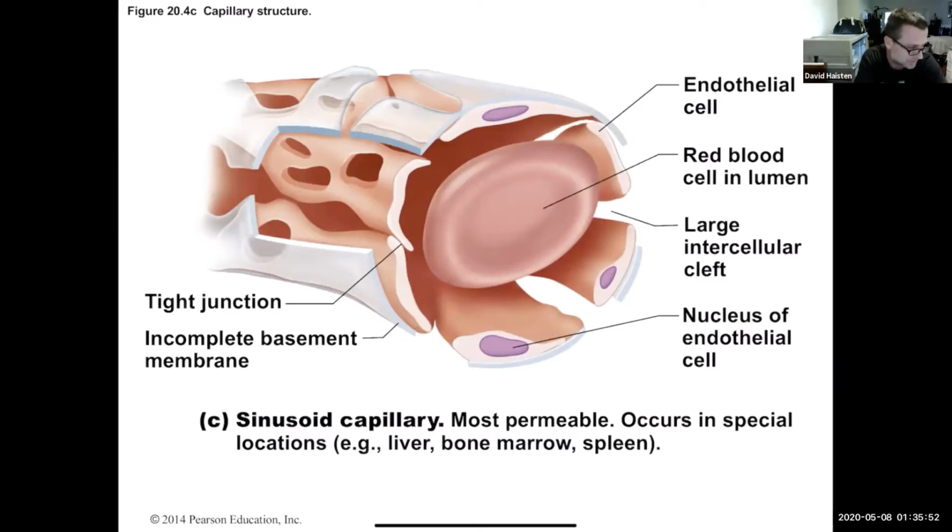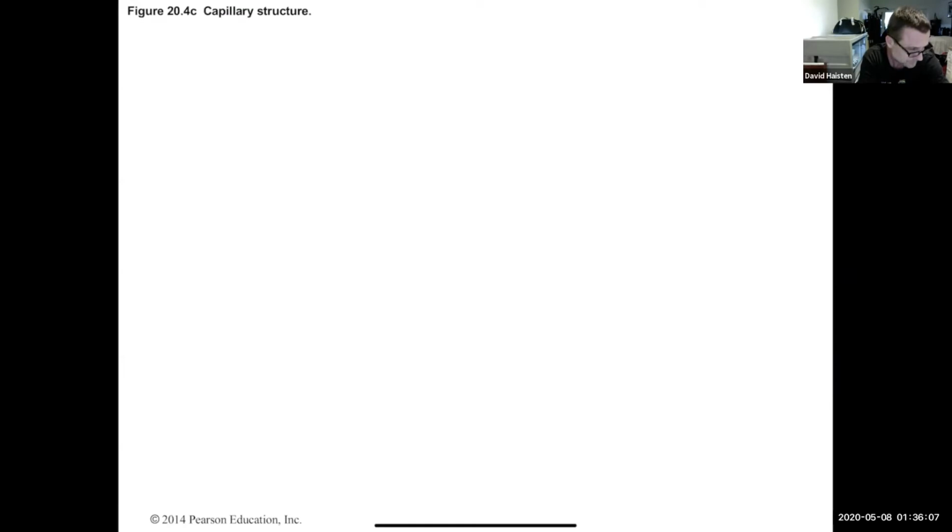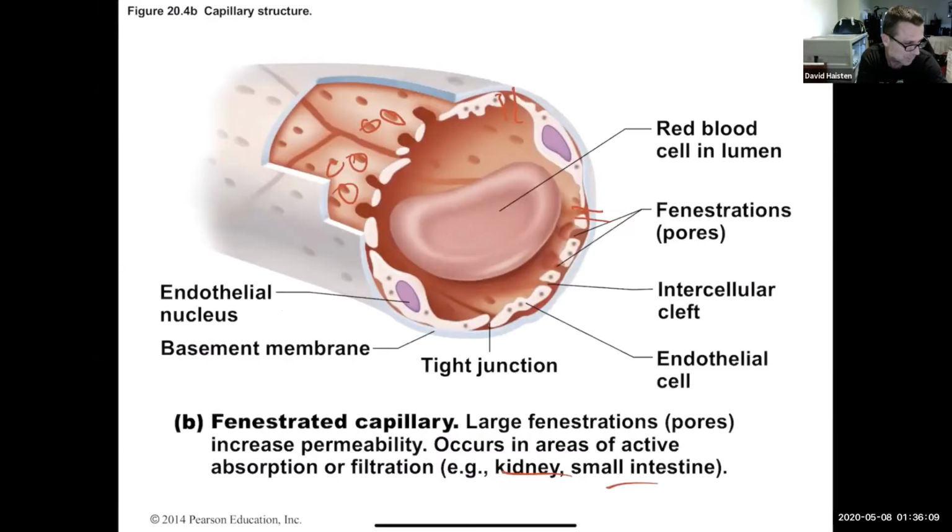Okay, so these are sinusoids, the most leaky capillaries of all. You can see there's an incomplete basement membrane. They have giant tears almost, the large intercellular clefts, and they can be fenestrated. Fenestrated capillaries still have the intercellular clefts, but now they have fenestrations in addition.